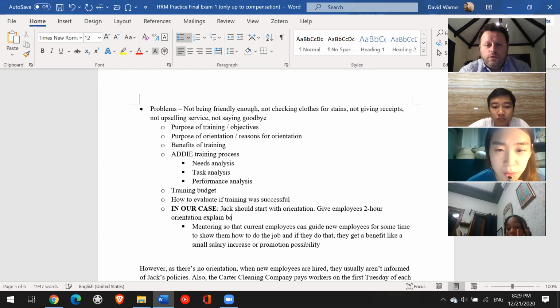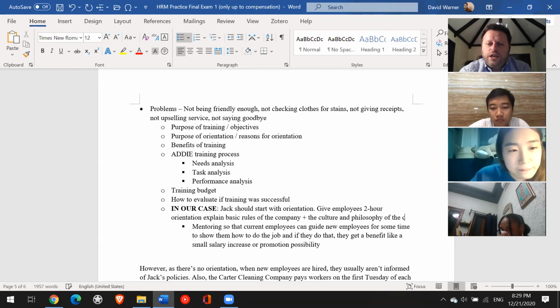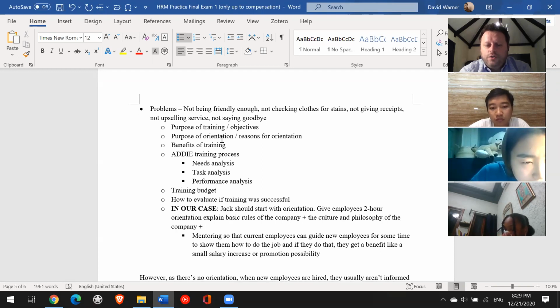But to explain basic rules of the company and the culture and philosophy of the company and the story of the company and where they could be in the future.